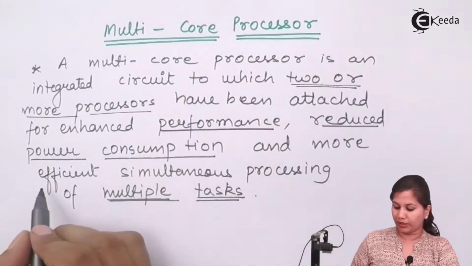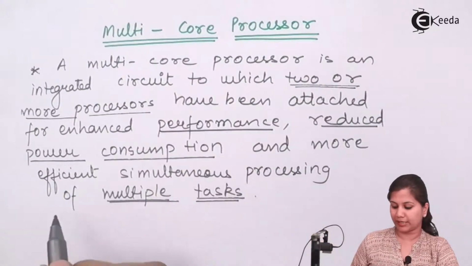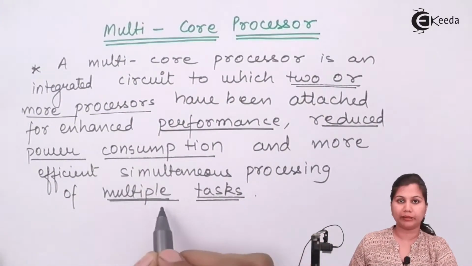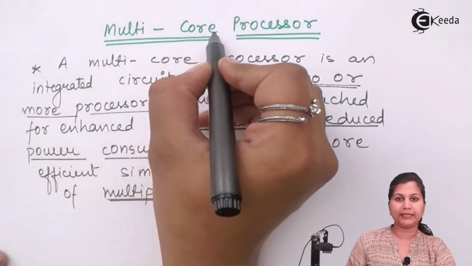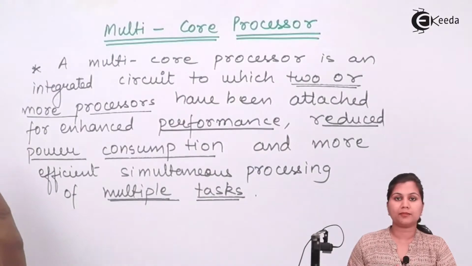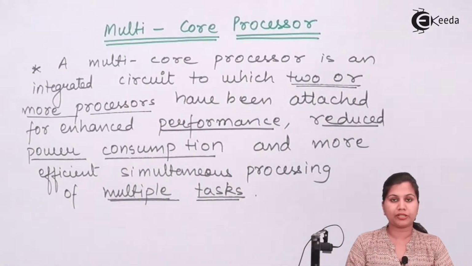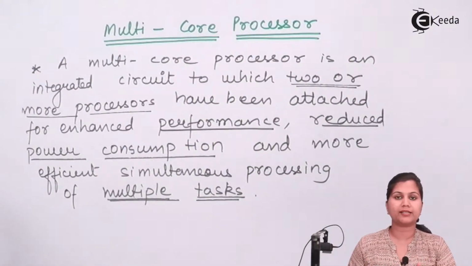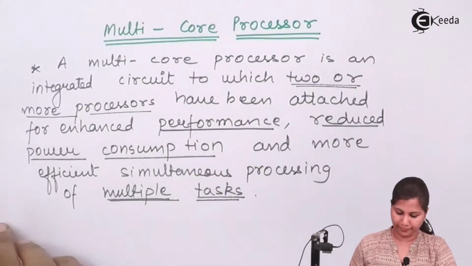Okay, so more efficient simultaneous processing of multiple tasks can be done with the help of this multi-core processor technology. So in the embedded system now, in place of a single processor, two or more processors are used on the same chip.